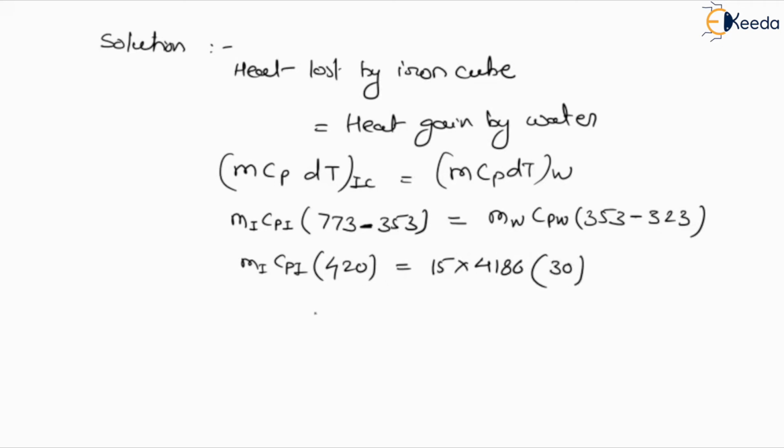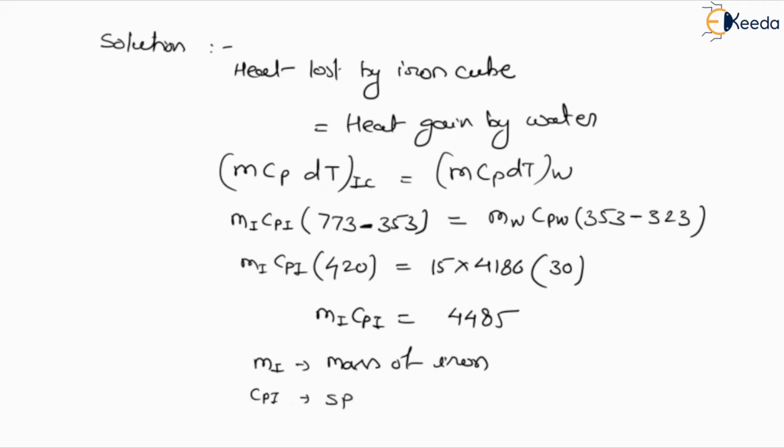So we solve m_i Cp_i, and it will be 4485. Here m_i is the mass of iron and Cp_i is the specific heat of iron.